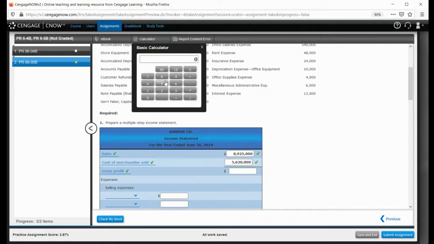So our sales was $8,925,000. We're going to subtract from that the cost of the merchandise sold, which was $5,620,000, and that will leave you with a gross profit of $3,305,000.